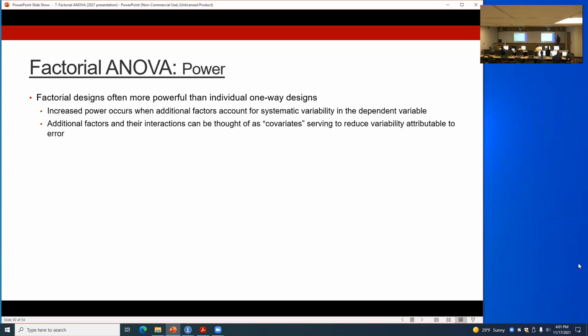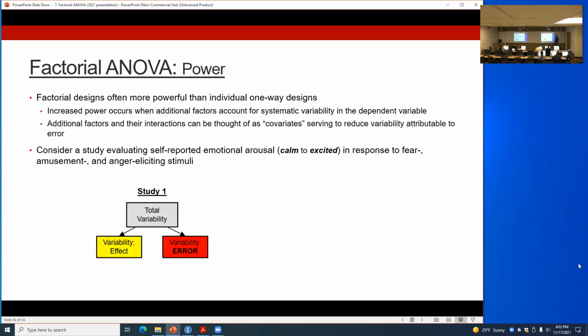We can think about these other things we're loading in as kind of like covariates. Because Sam, what goes in the denominator of all of our F statistics here? The within, right? And in that within is all the variability attributable to stuff we haven't accounted for in our model.